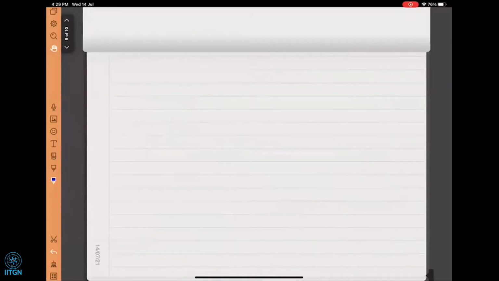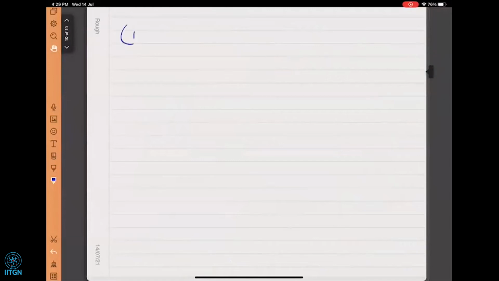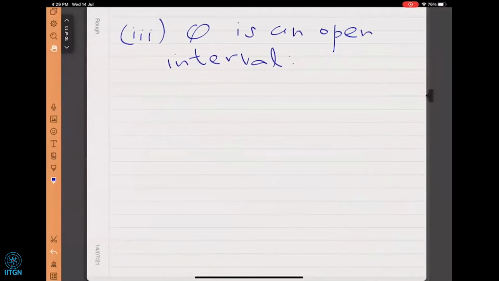And the third is that, I'm sorry, I couldn't fit it on one page. Phi, the empty set, is an open interval. I mentioned this last time. What interval is it? It's the open interval (a, a) for any a.